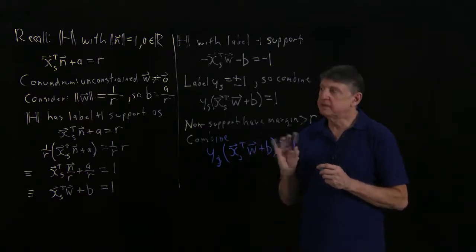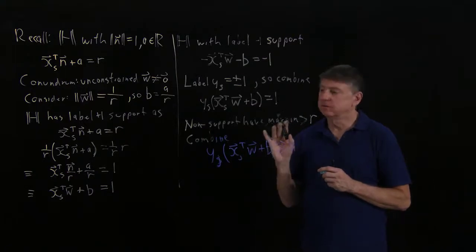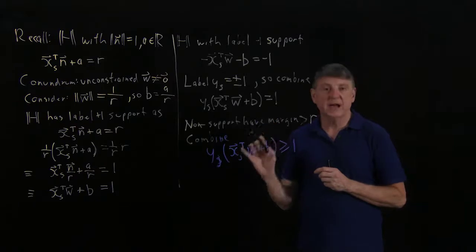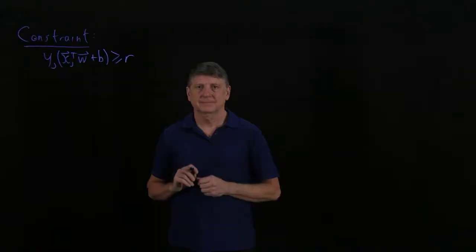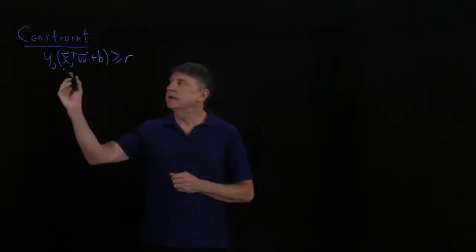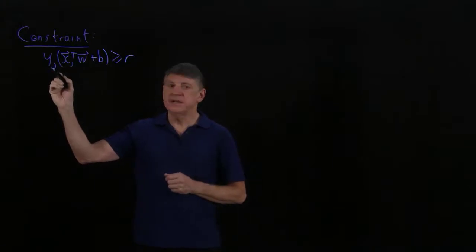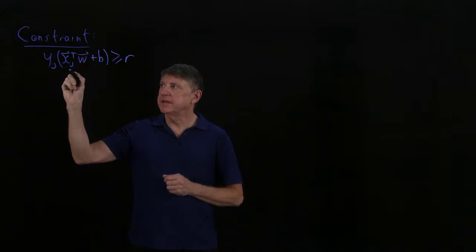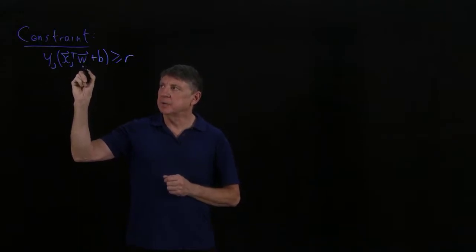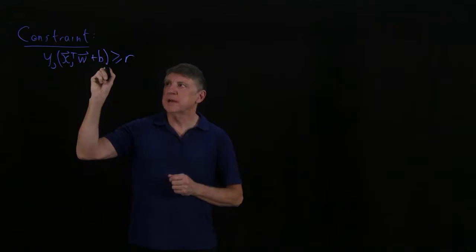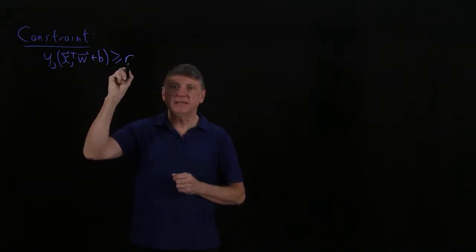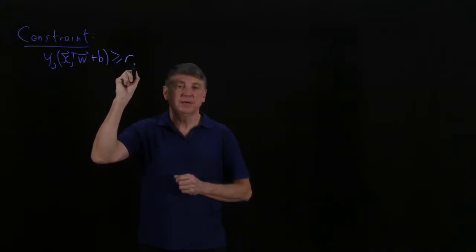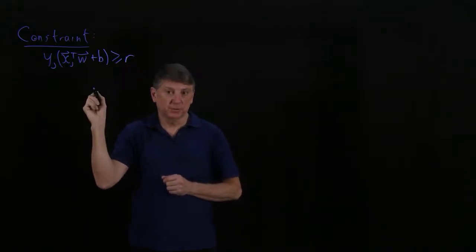So let's erase this and figure out what it is that we're actually going to compute. Our constraint is that the label of the jth data times the inner product of the jth data vector and the unconstrained hyperplane normal plus the hyperplane bias has to be at least as large as the margin, which is the distance from the hyperplane to a support vector.